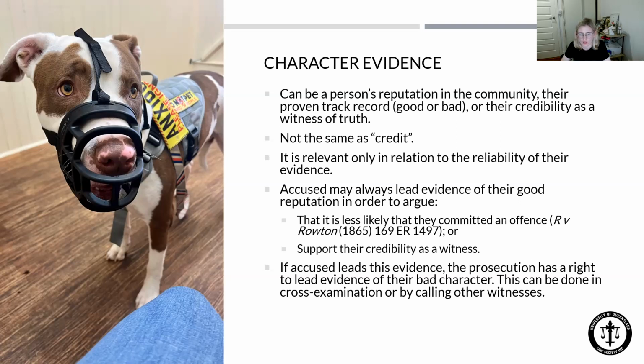However, if they do it, the prosecution has a right to then lead evidence about everything they've ever done wrong. So it is always done with caution. The way people generally refer to it is that somebody has put their character in issue.